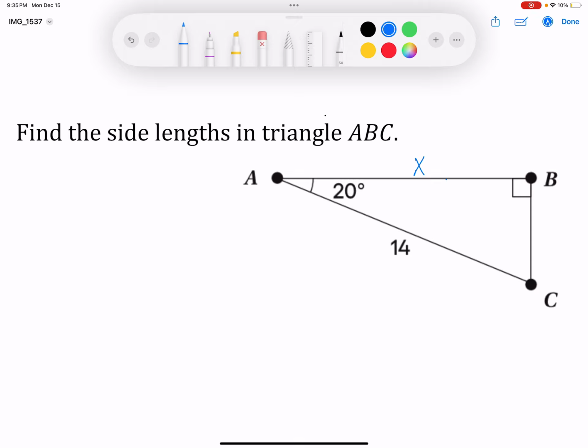And I'm going to label all of my sides as either opposite, hypotenuse, or adjacent, and that all depends on my acute angle. As always in a right triangle, this is the star of our show. We are going to point to the opposite side of this acute angle and label this opposite.